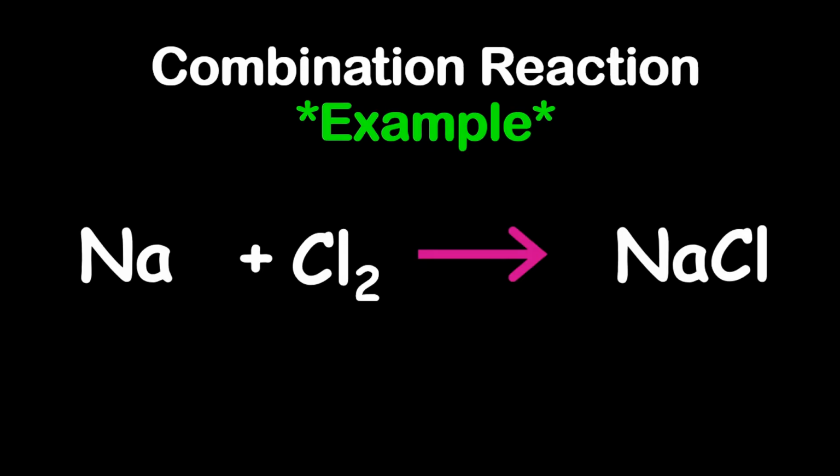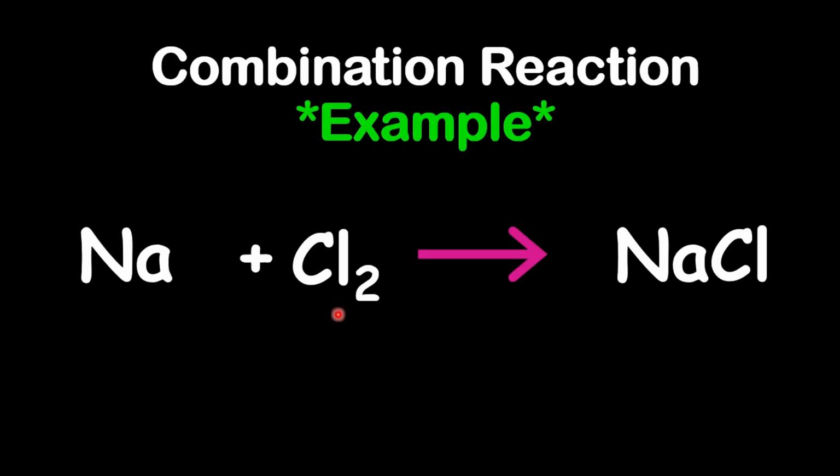Whenever you write a chemical equation, you must balance the equation and also try your very best to write the states of the substances. To balance the equation, the atoms or molecules on either side of the equation must be the same. Looking at this equation, you'll notice the number of sodium are the same. However, the number of chlorine are different.